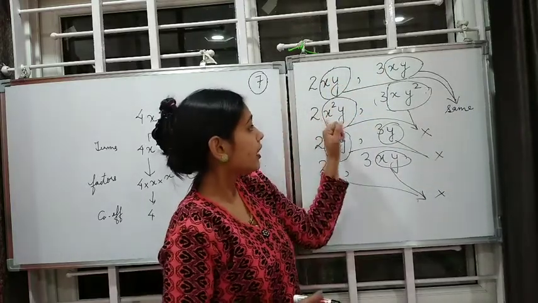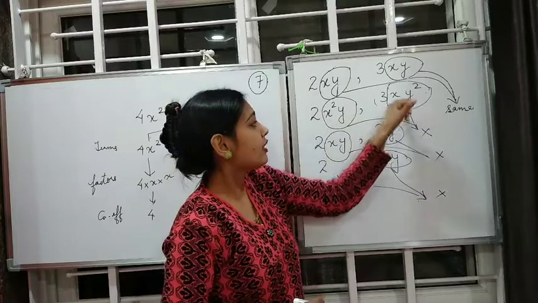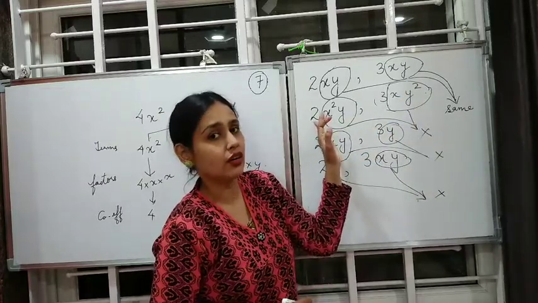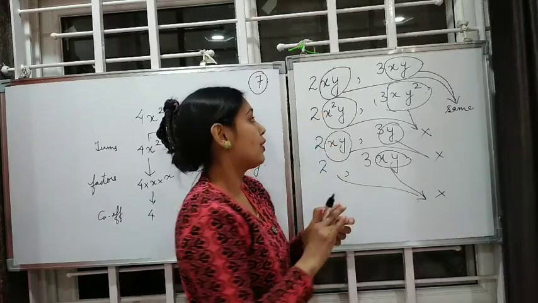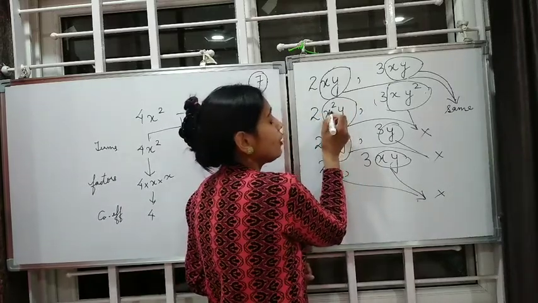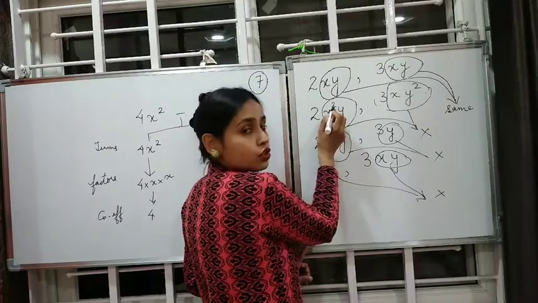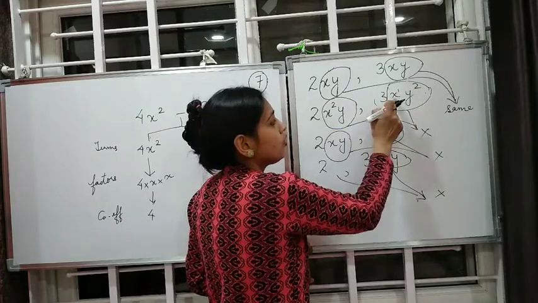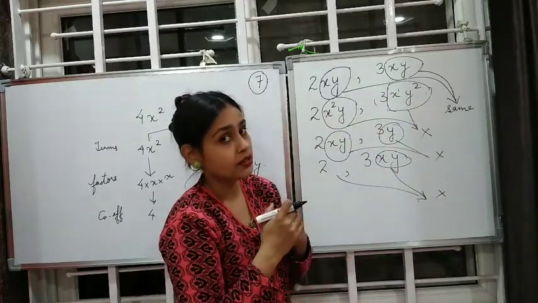Like here, this is also xy, this is also xy. Then why are they not like terms? Because here the power of x is 2, that is square, but the power of x here is 1. So the variables are not common.